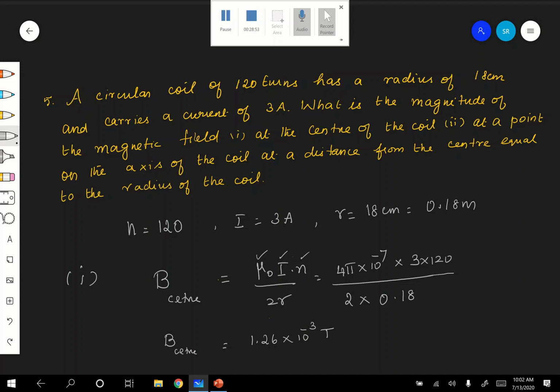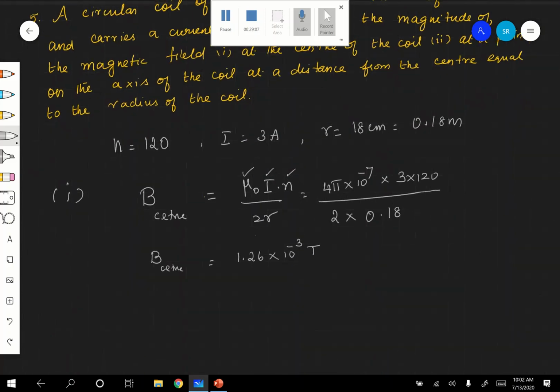Next one, second point, at a point on the axis of the coil, at a distance from the center equal to the radius of the coil. Equal to the radius of the coil. How? See, here the second case is, okay, this is the radius.